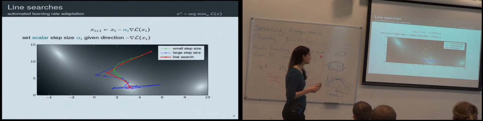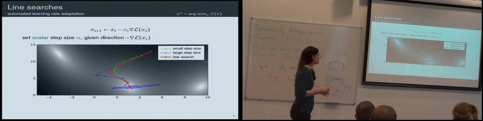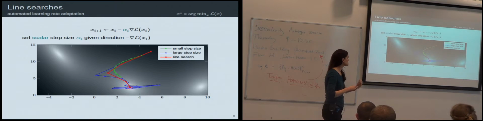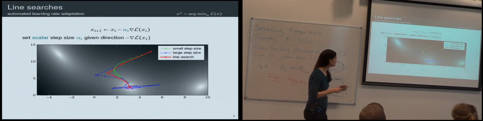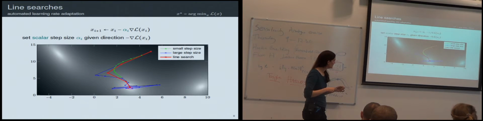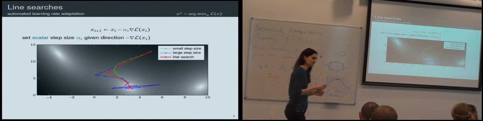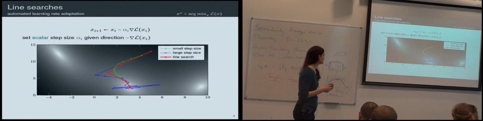So the solution, or one solution, are line searches. And that's a pretty clever algorithm. It runs inside at each step. And for example, here it makes a quite long step, a bit of a shorter one. And it actually arrives at the minimum in like 4 or 5 steps only. So that's pretty perfect.